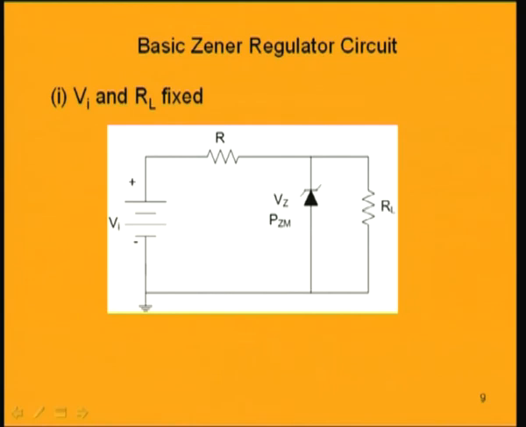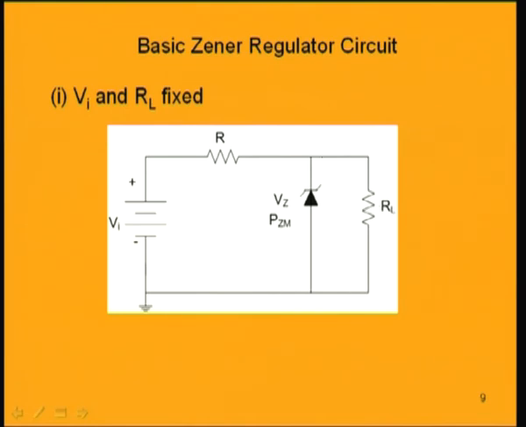Let us first discuss how the regulation takes place, and then we will go to what happens practically when the input voltage and load resistance change. So, here, let us start with a constant voltage Vi as the supply voltage to this circuit, and the load resistance RL is fixed.